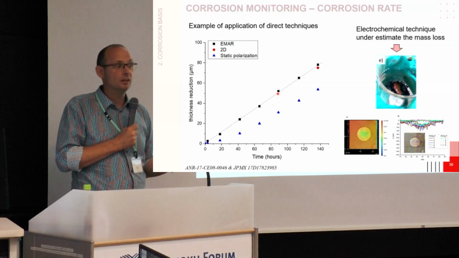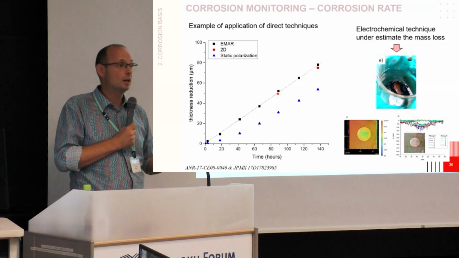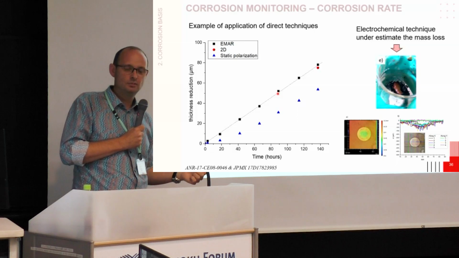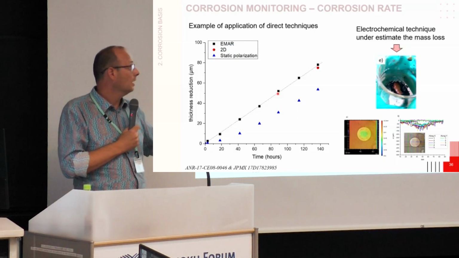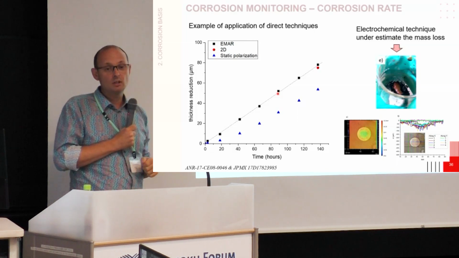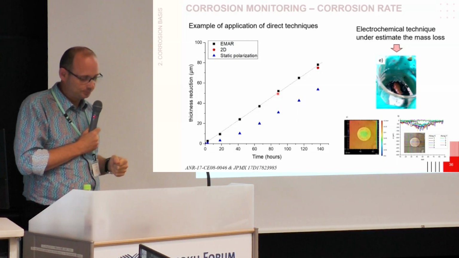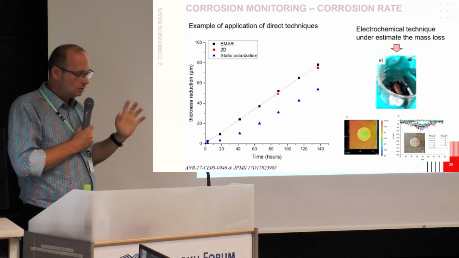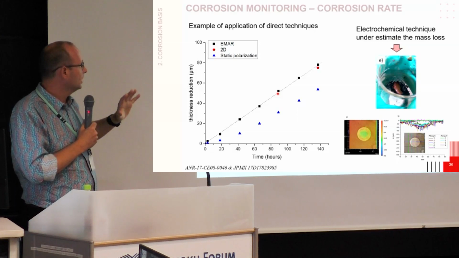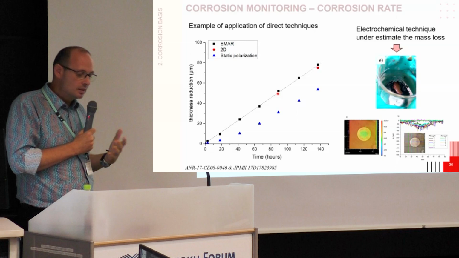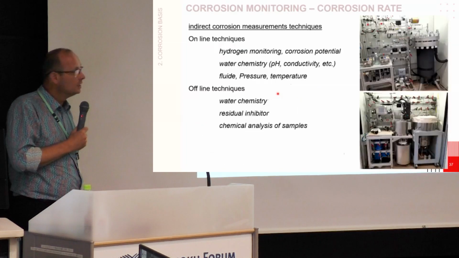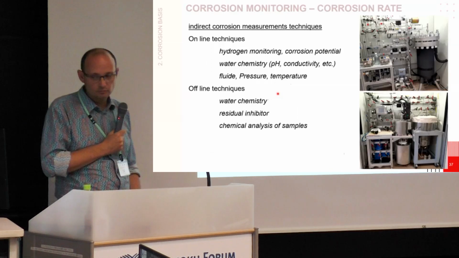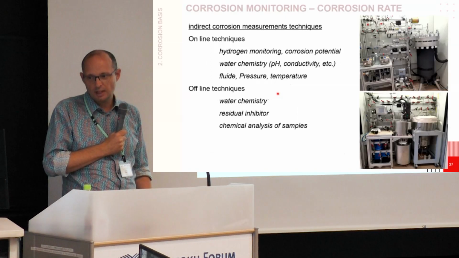Some electrons are dissolved, but some electrons are also used for other, secondary reactions that are not playing a role in the material degradation. So that's the first point. For some techniques, like this one, it gives some differences. So that was the direct measurement.